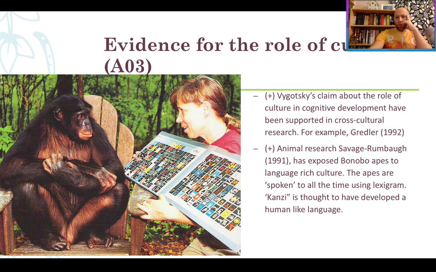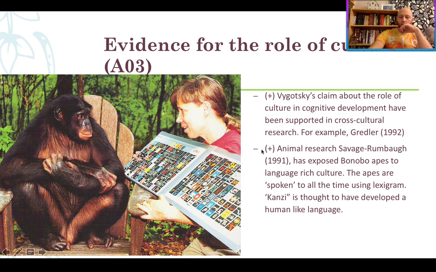Animal research: Savage-Rumbaugh argue that Vygotsky's idea that animals cannot develop language, they criticize it. However, they support this idea that being put in a rich cultural environment in which language is frequently spoken to you can help you develop language.